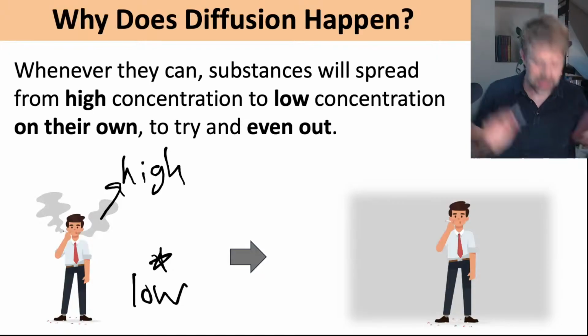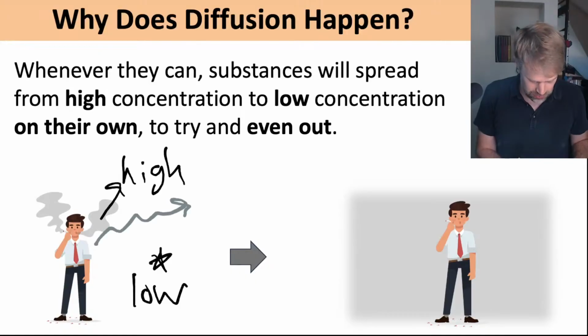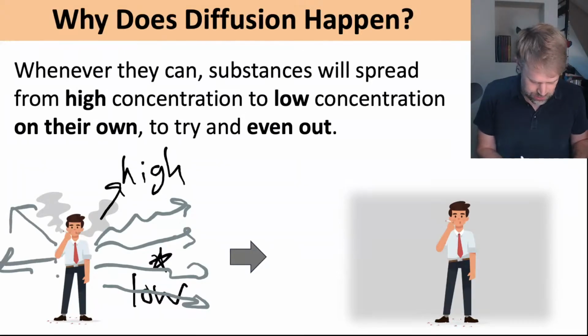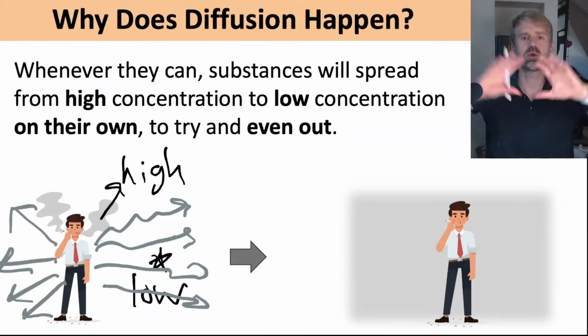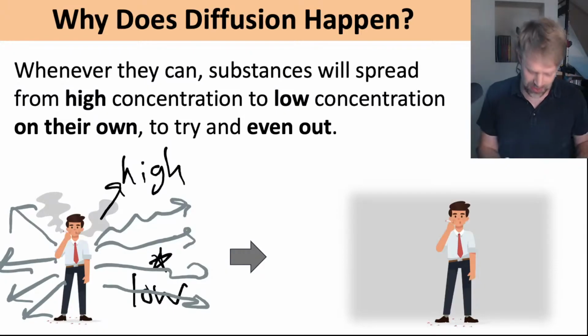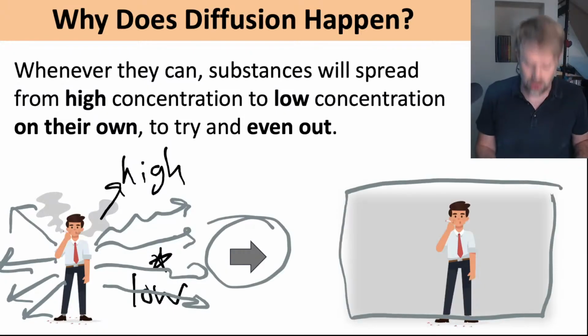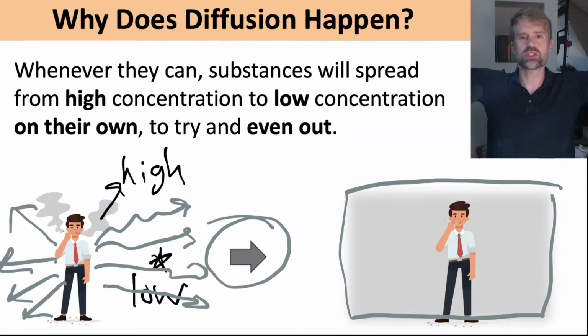And so what nature tells us is that over time, often it doesn't take very long, the areas where we have high concentration of smoke are going to spread out to the areas where we have low concentration of smoke. And eventually, we're going to end up in this situation over here where the smoke has kind of spread out everywhere.